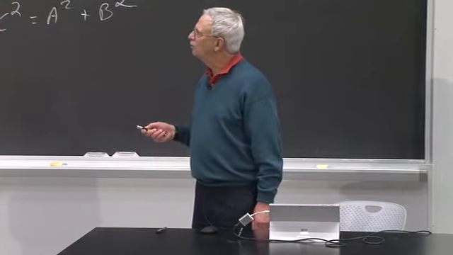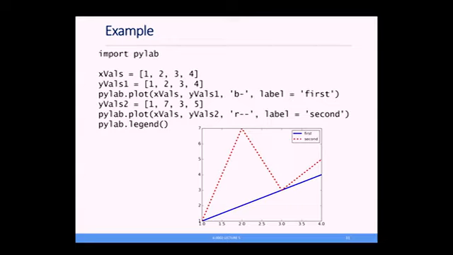Here's an example. You start by importing PyLab. Then I've given x vals and y vals 1. And if I call pylab.plot of x vals, y vals 1, here is one of the arguments I can give it. I'm saying I'd like this to be plotted in blue, B for blue, and I'd like it to be plotted as a solid line, a single dash. And I want to give that line a label, which I've said is first.